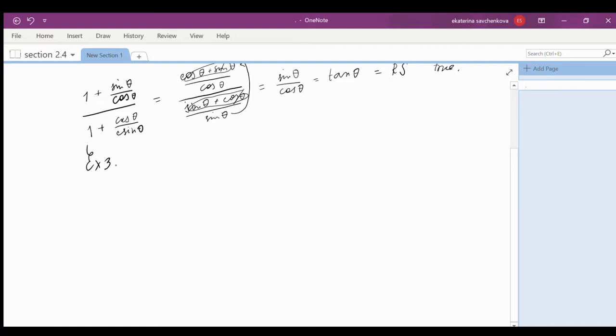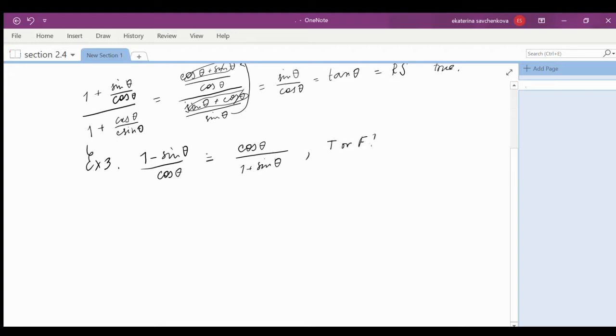example 3, is going to be 1 minus sine of theta divided over cosine of theta equals cosine of theta divided over 1 plus sine of theta. Well, the question is again true or false.